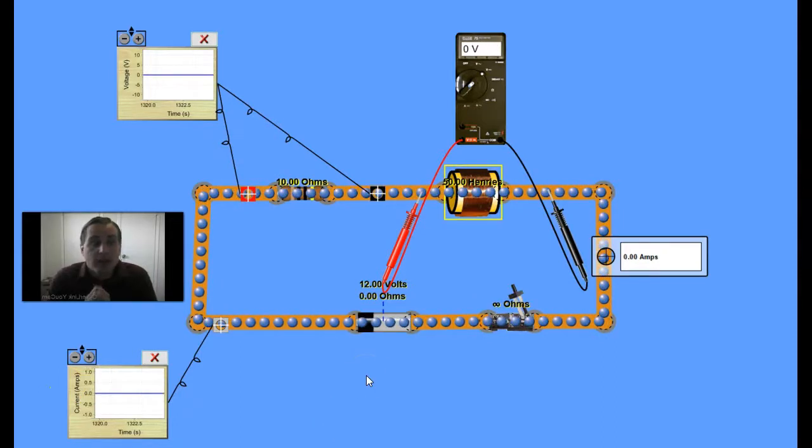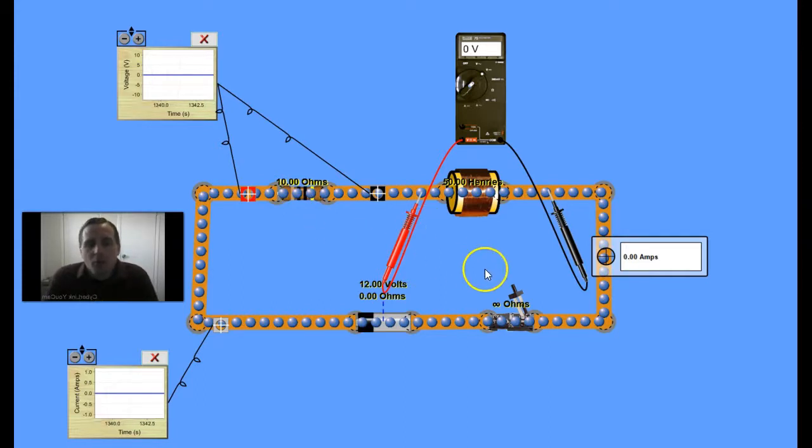So this time the only change is I've zoomed further in on the voltage across the resistor. I've zoomed further in on the current in the circuit here, so we can see the change in the graph a little better. And notice that, let's think about what's going on before we close the switch again.